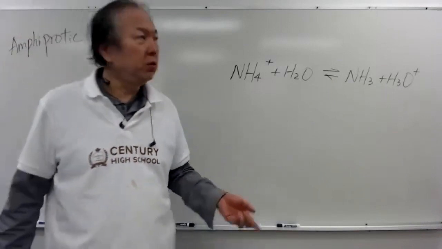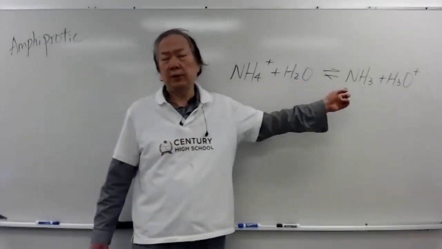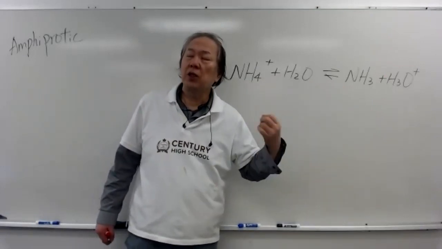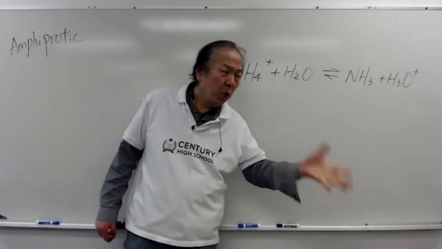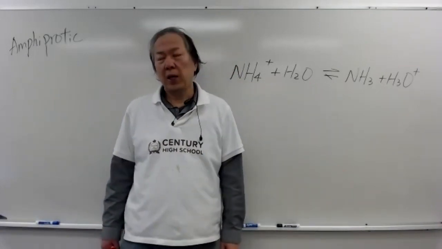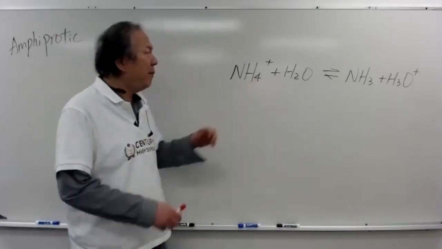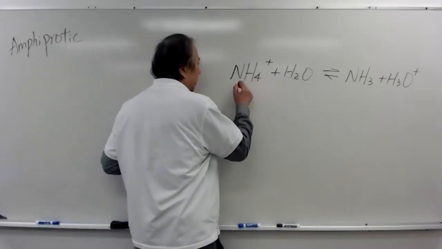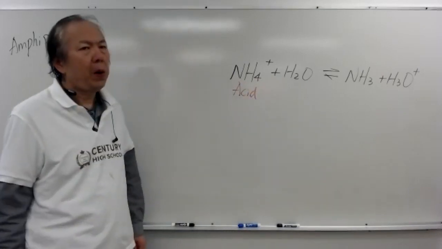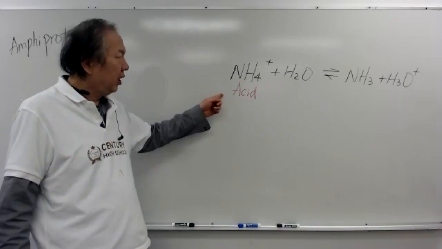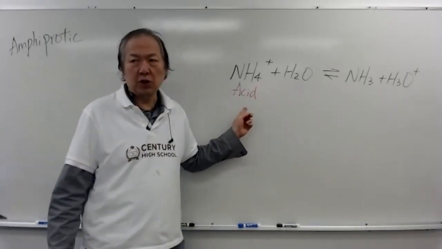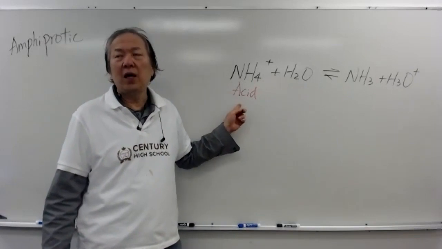Remember, if you lose one proton, you are the proton donor. What's the meaning of the donor? You give away one H plus. So this one belongs to the acid. From here to here, you give one H, so you are the acid.